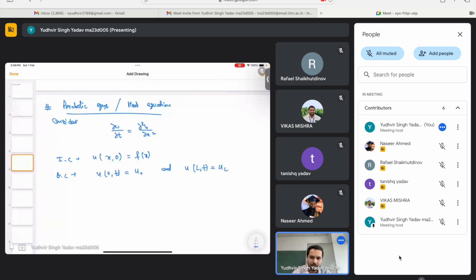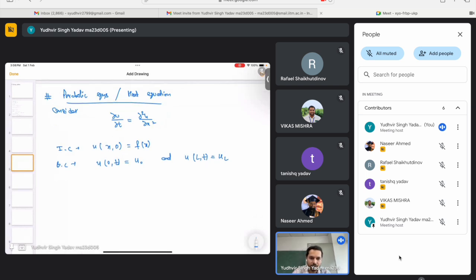Here we can see that the order with respect to T is 1, so there will be only one condition. And the order in the spatial direction is 2, so there should be two boundary conditions in order for this equation to be well posed.